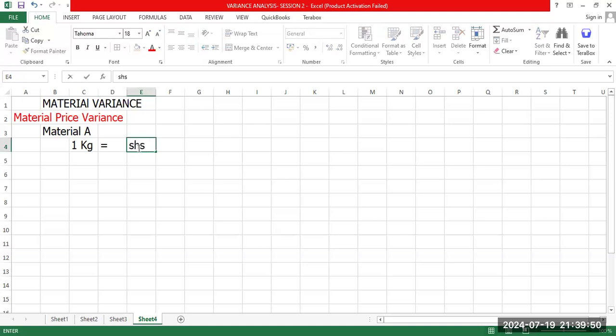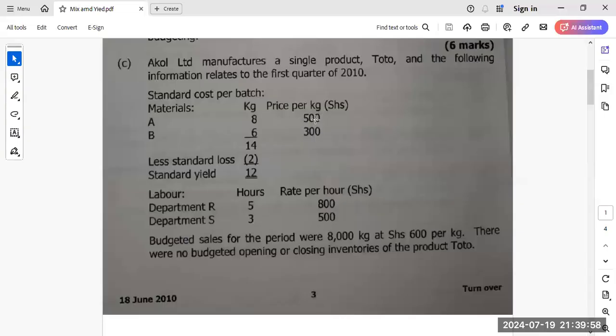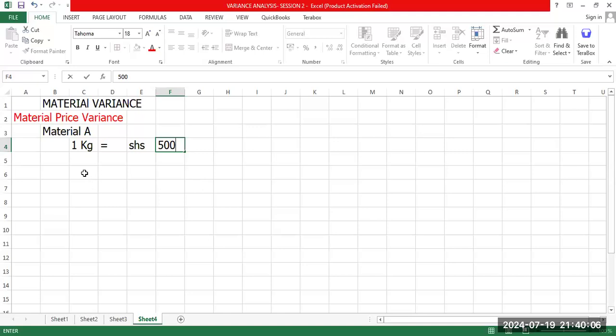And here, the price per kg is how much? 500. You record 500.